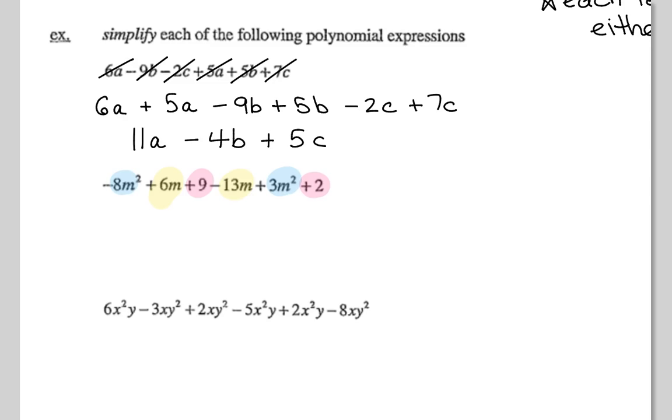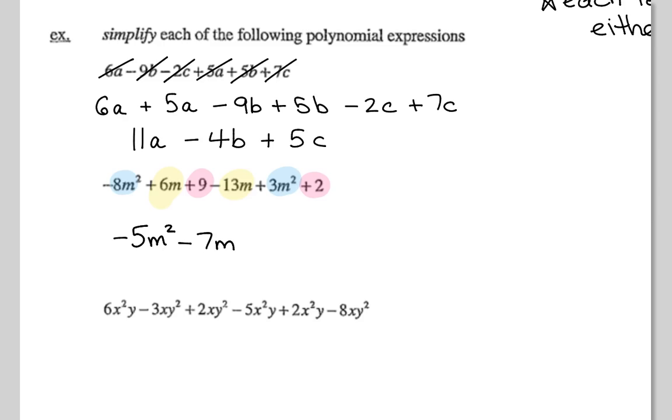How many m squares you got? Negative 8 plus 3. Negative 8, and then you got to add 3. Negative 5. And for the yellow, just the m's. You have 6 m's, and then you got to take away 13 m's. So altogether you have negative 7.